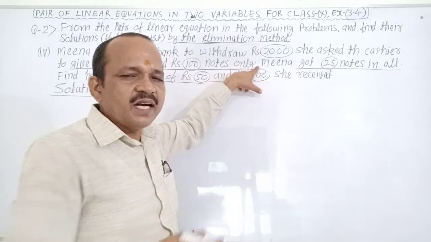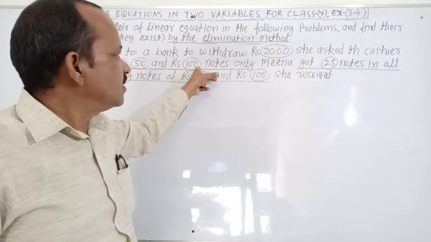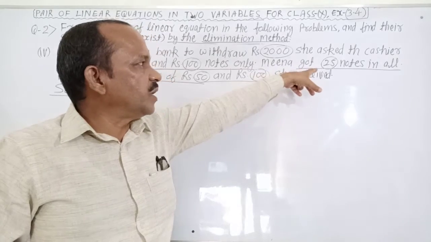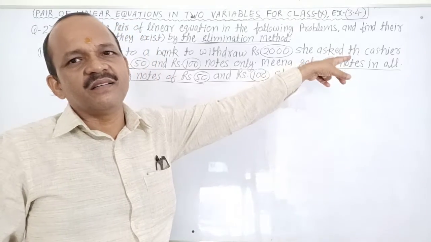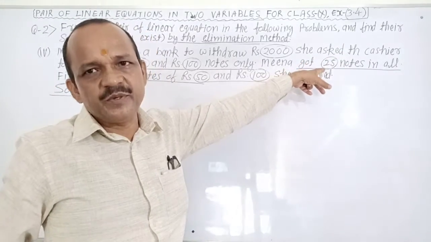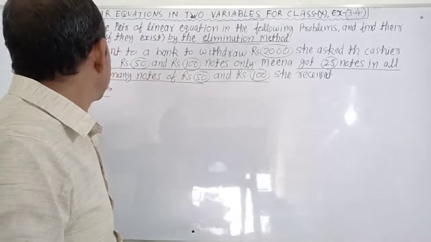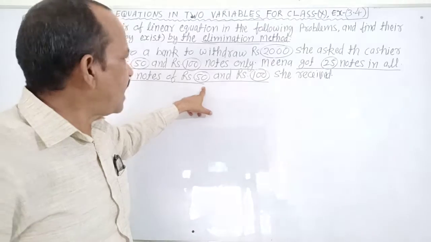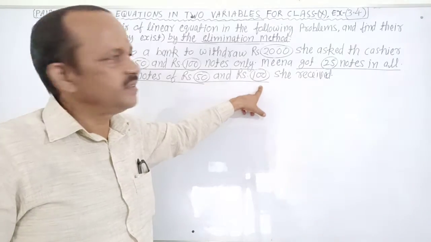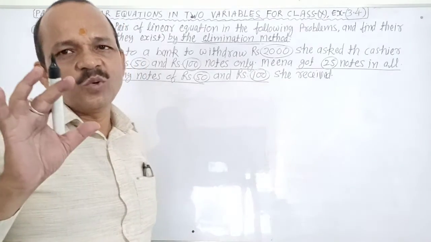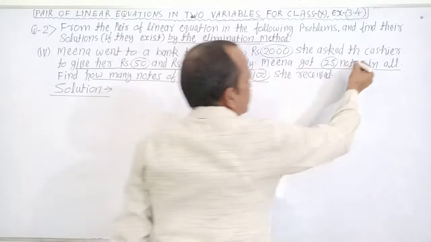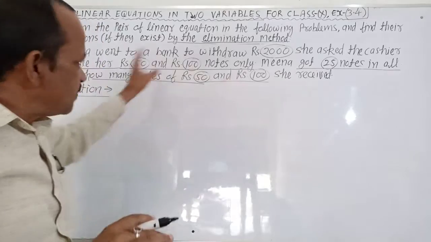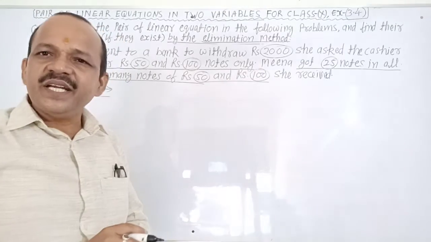Meena got 25 notes in all. Find how many notes of Rs 50 and Rs 100 she received. Question is clear. No confusion about it. Very good. It is very easy. You can solve it very easily.